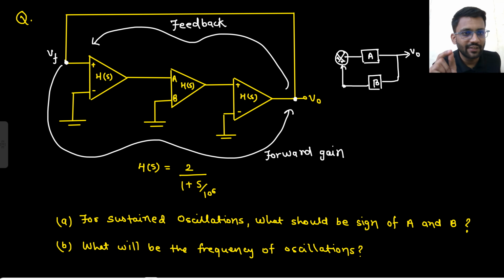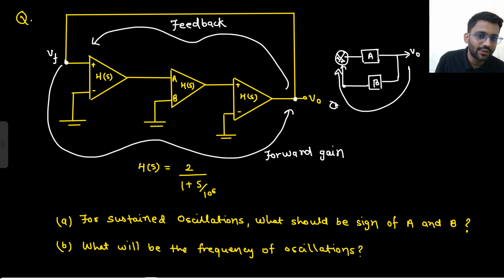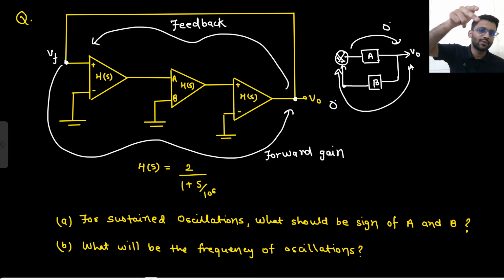Now, how much phase shift do you need in the forward path for sustained oscillations? In the feedback path, you are getting 0 degree phase shift. Then how much phase shift will you expect from here to here? 0 degree only, no? Then only there will be sustained oscillations, because you need 0 degree, 360 degree or 720. All are the same only. So from the feedback path, we are getting 0, so from the forward path, you will expect 0 degree phase shift only, no?